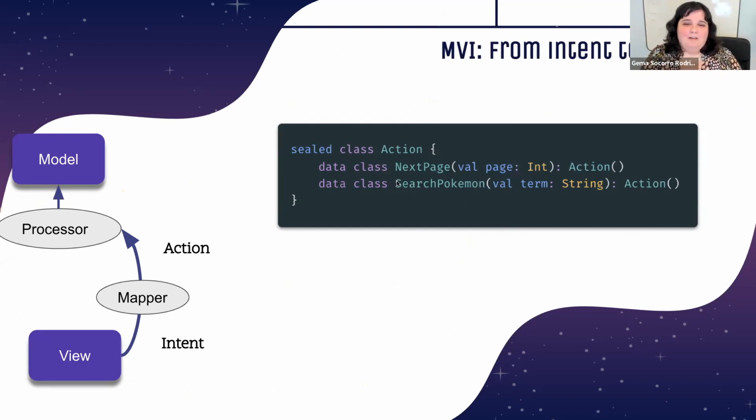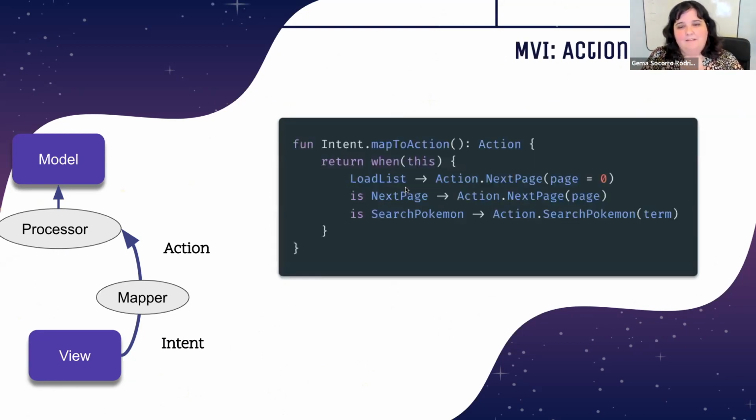And then we are going to have the search Pokemon. How do we map this? Like here. So we have the intent load list that maps to the action next page, the intent next page that maps to the action next page, and the intent search Pokemon that maps to the action search Pokemon.